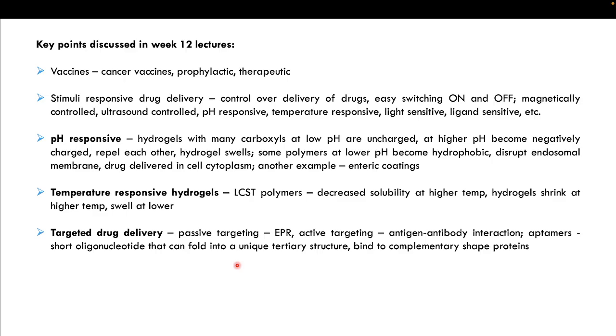So you can then synthesize this. So what you can do, you can have your drug delivery system. You can attach aptamers on top of these drug delivery particles, just like you attach antibodies, and then you can deliver this. So now your aptamers are going to be very specific to certain proteins, so they will just go and bind to that. So this is another example of having targeted drug delivery.